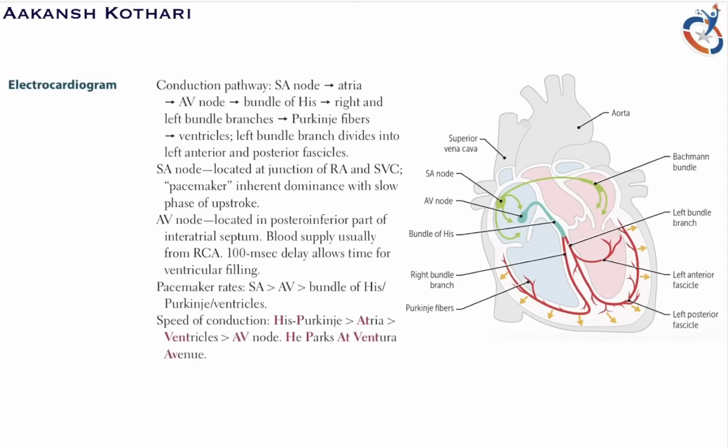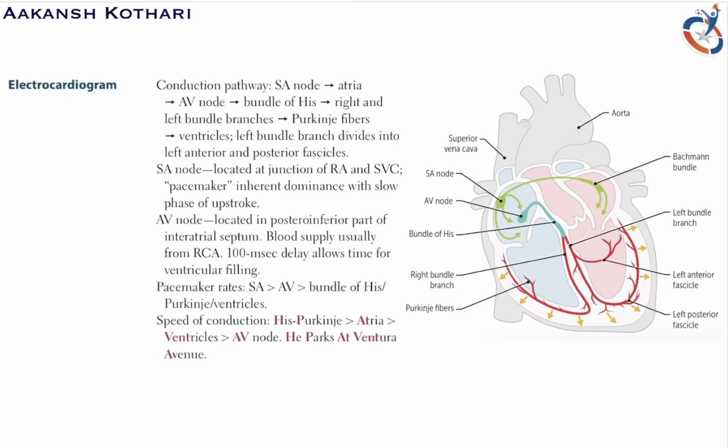The speed of conduction and the pacemaker rates are two different parts. The speed of conduction is dependent upon the different kinds of fascicles present. So the speed of conduction in the SA node is not maximum even if the pacemaker rate is maximum. Remember that the speed of conduction is maximum in Purkinje fibers, then in the atria, then in the ventricle, then in the bundle of His, and then the AV node.